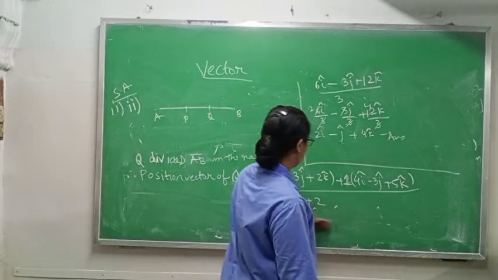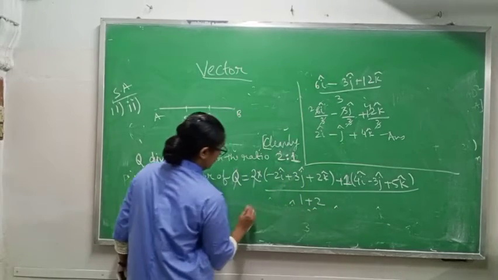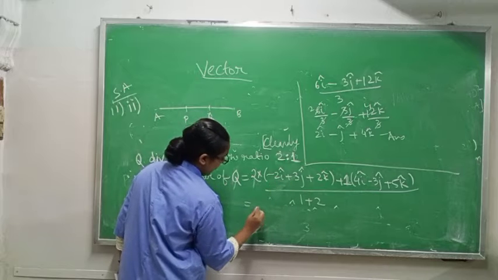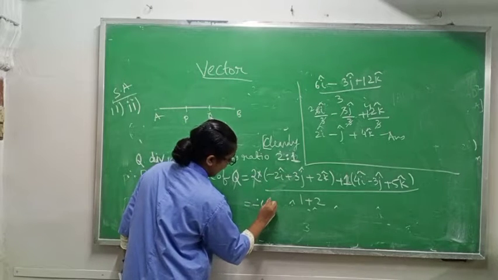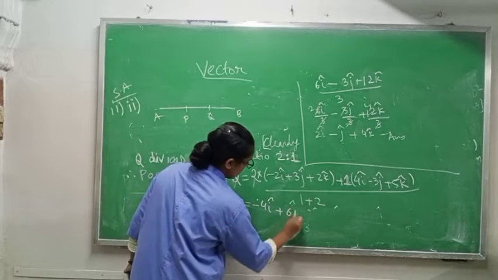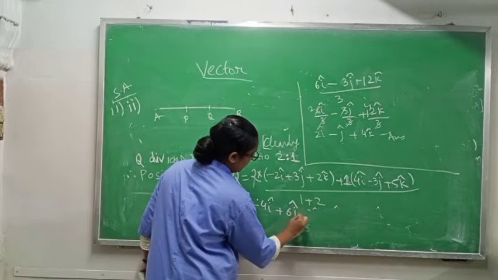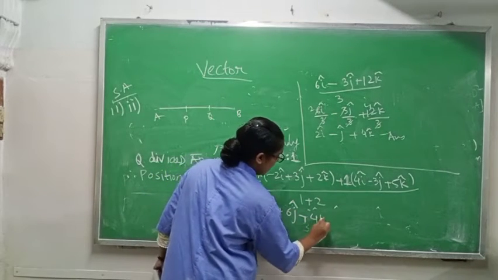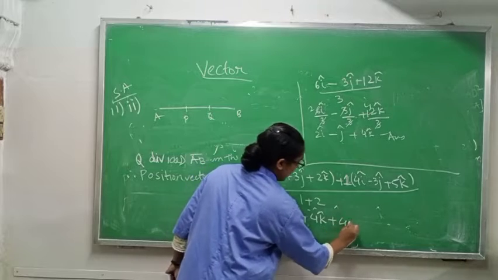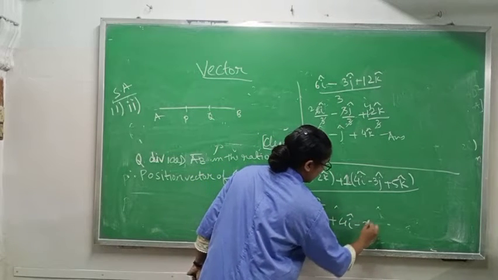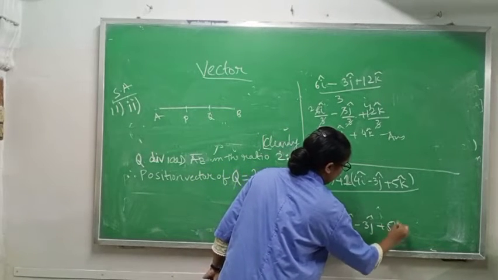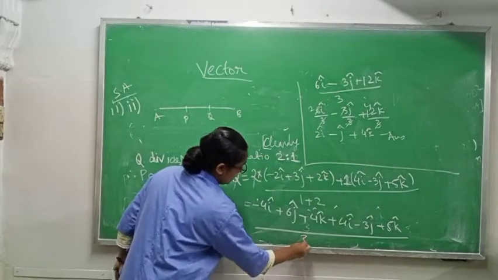Only this one can change. First multiply 2 into minus 2i will give you minus 4i plus 6j cap plus 4k cap, plus 4i minus 3j cap plus 5k cap, by 3.